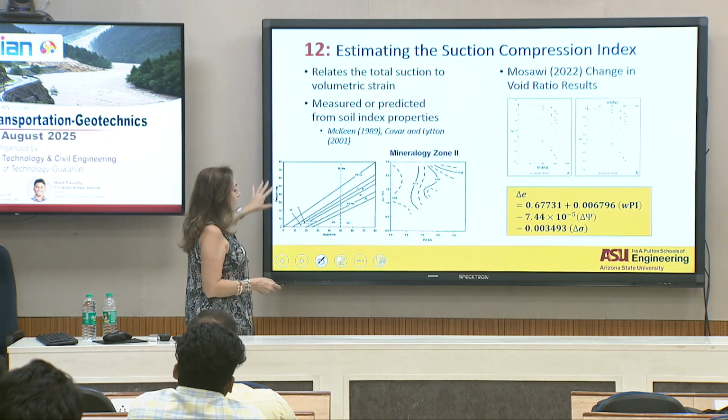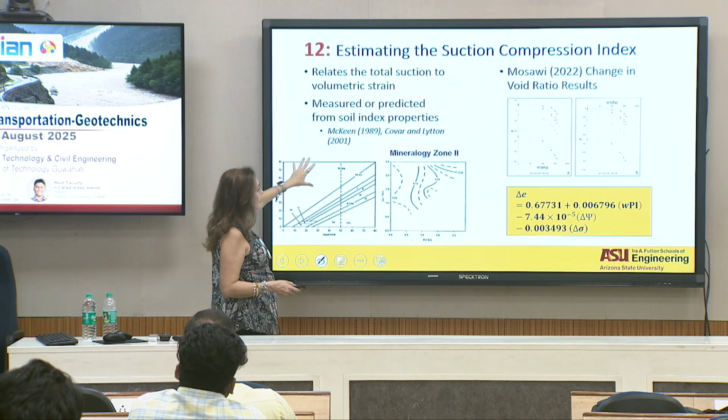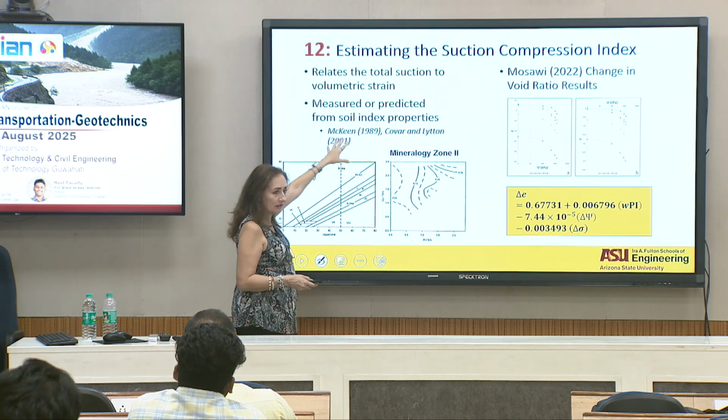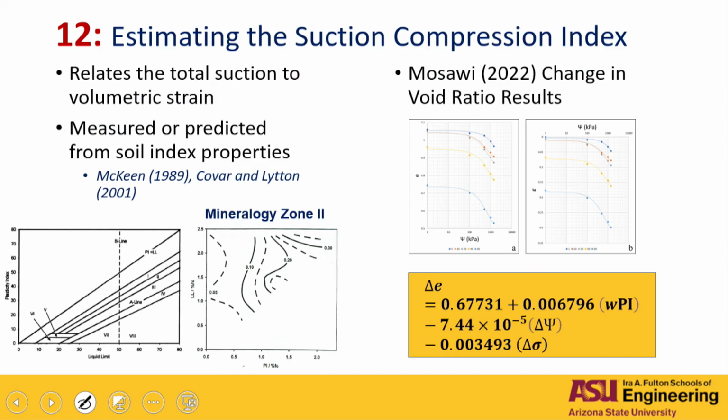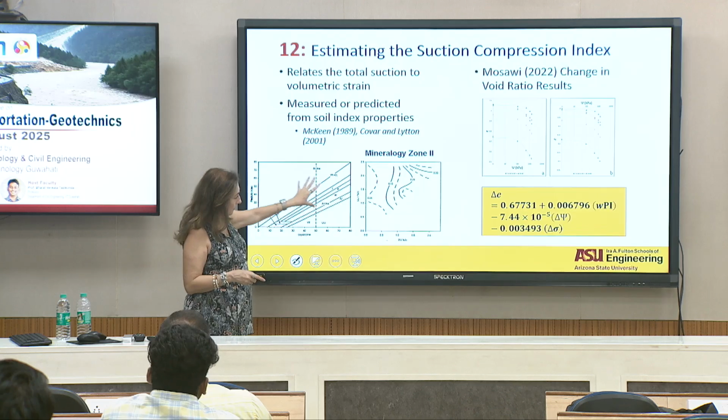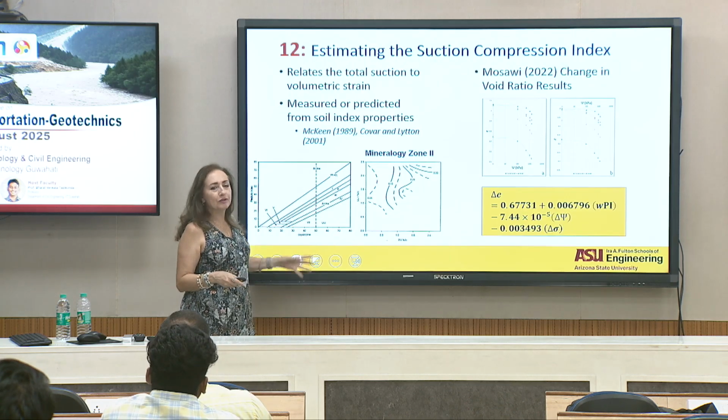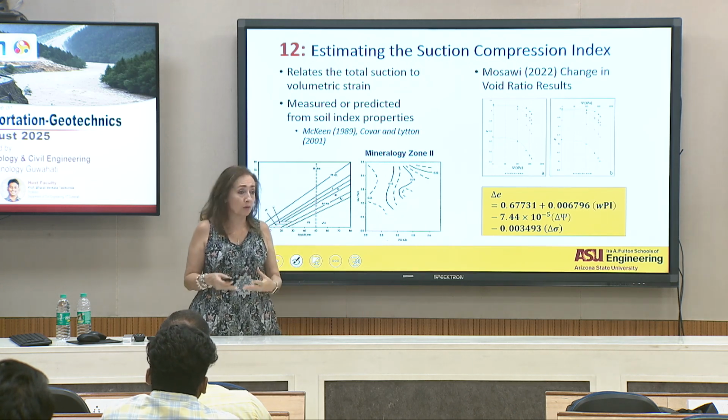So there is a very famous work done by Covar and Lytton, McKeen, 1989. This is Colorado, U.S. Geological Survey. They did that one for post-tension slabs on expansive soils. Basically, there is a set of graphs that relate the total suction to volumetric strain. It is an empirical set of graphs that takes into account the soil properties, right?